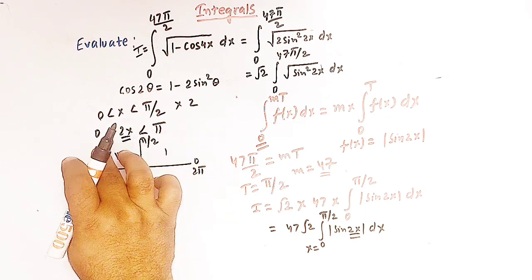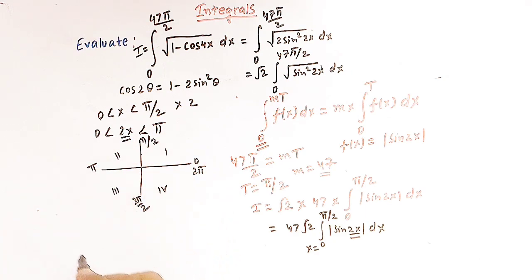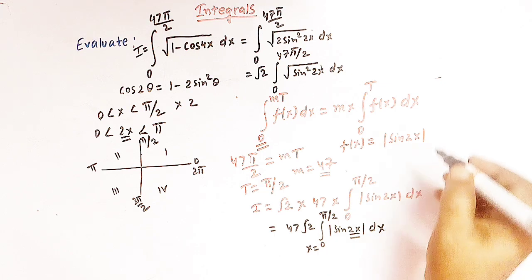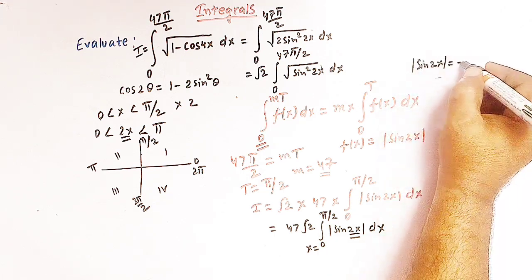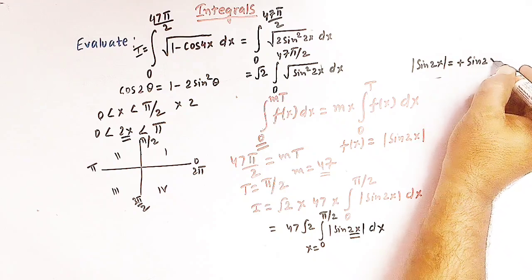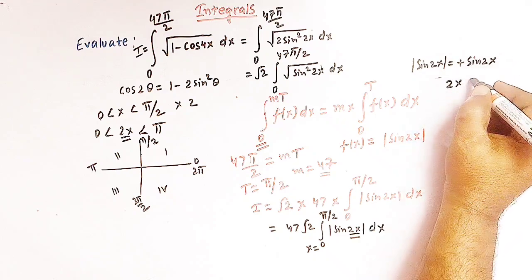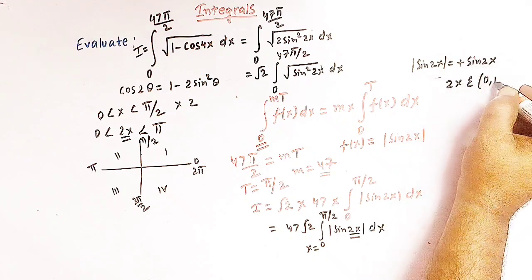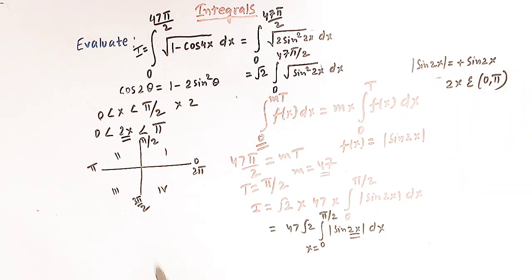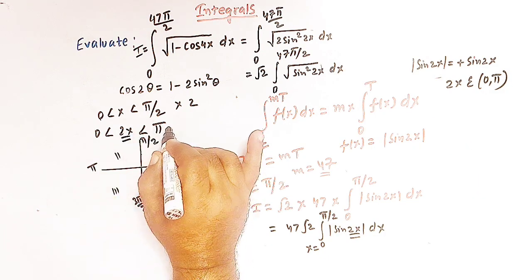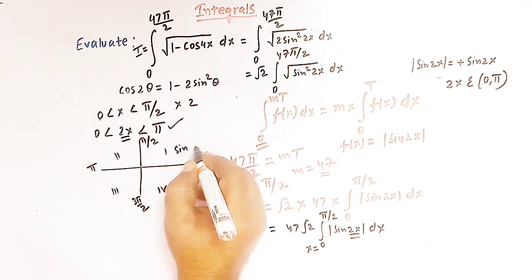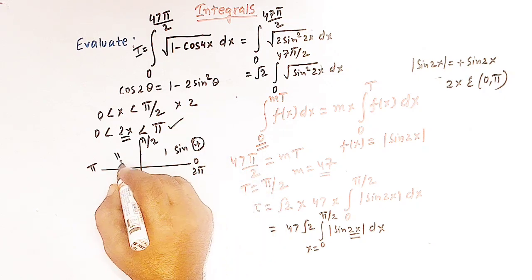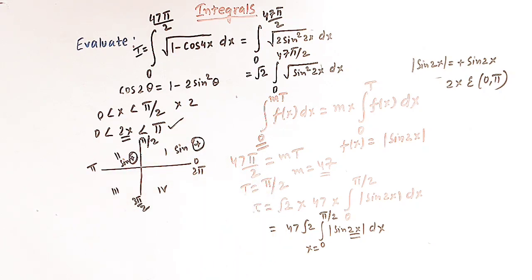In the first and second quadrant, the sine function is positive. So mod of sine 2x is equal to positive sine 2x when 2x belongs to the interval 0 to pi, as we have proved over here. So sine function is positive in the first and second quadrant.